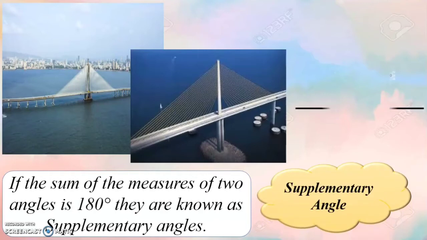Now in this example, there is an angle and we have been given the measure of one angle as 100 degrees and the measure of the other angle as 80 degrees. So when we add these two angles, that is 100 plus 80, we get 180 degrees. That is the supplementary angle.